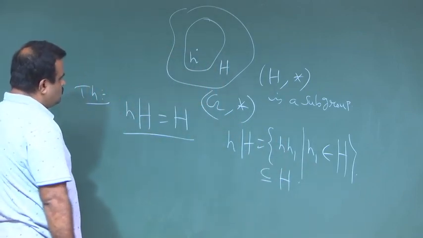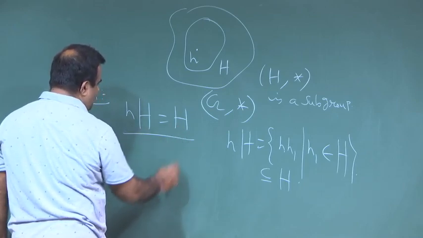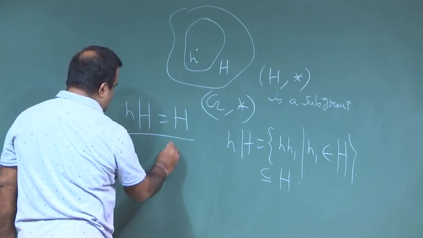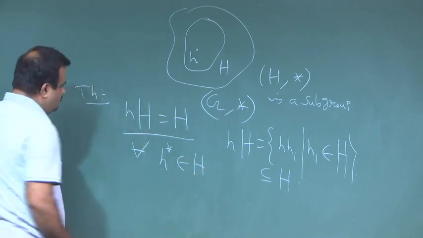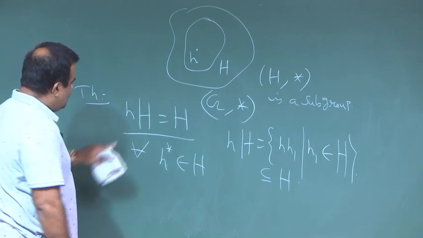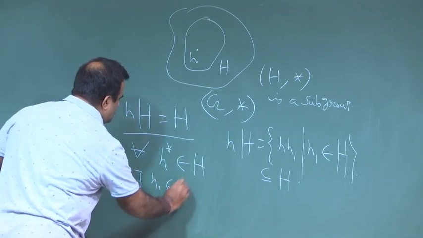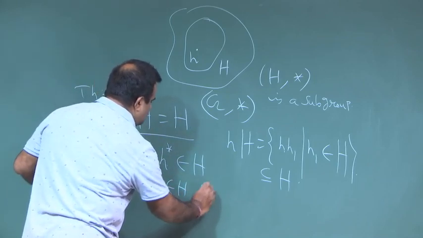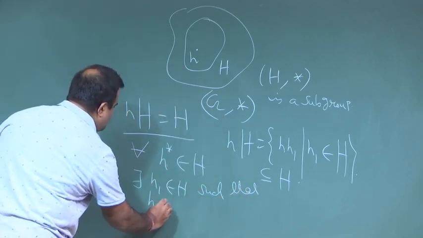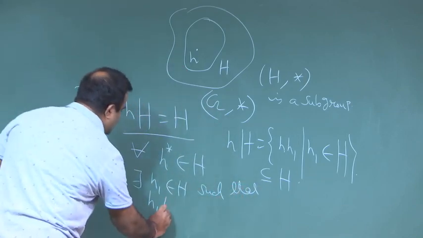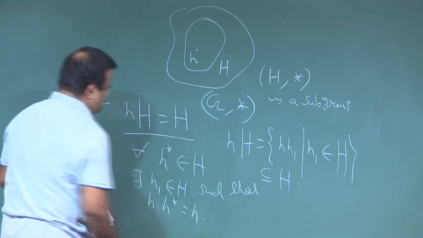Now, the only thing we need to show is that if we take an element from H, say some h star, any element, then there exists some h1 such that a h1 equals h star.